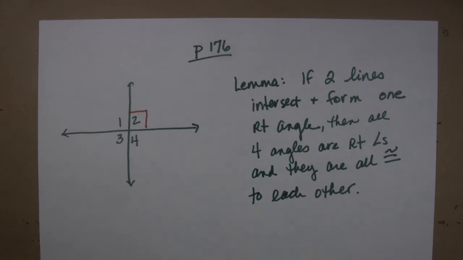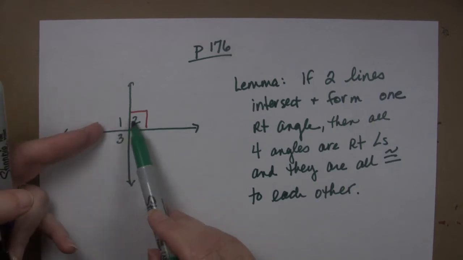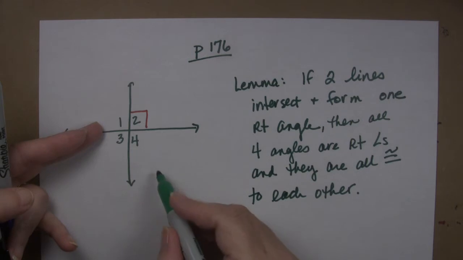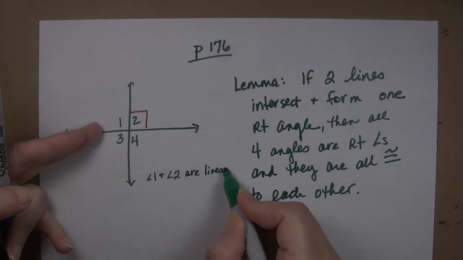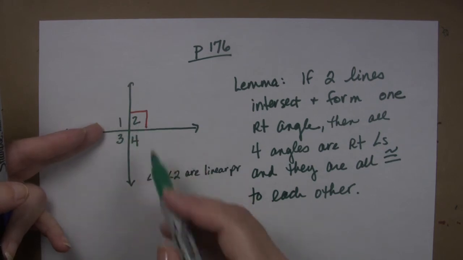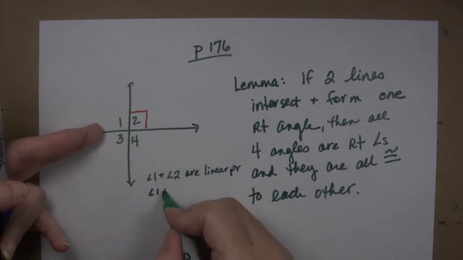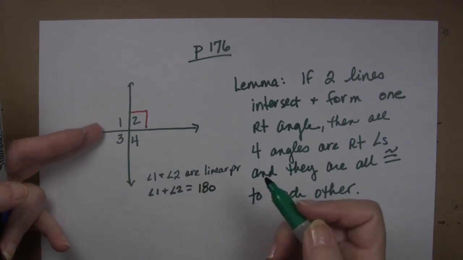Now, I'm not going to actually write out the proof here, but I'm going to talk you through it. So we have one right angle here, and we can see that 1 and 2 are linear pairs. And so then we know that angle 1 and angle 2 are supplementary, and we know that angle 1 and angle 2 equal 180 degrees.